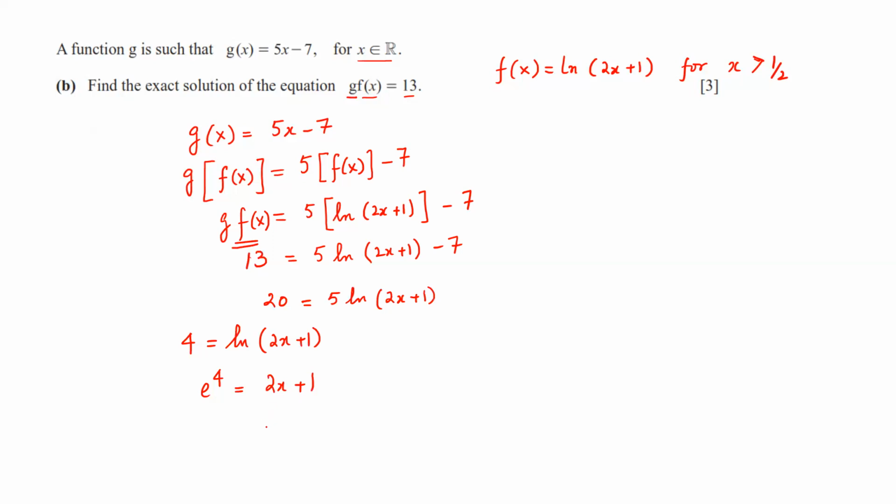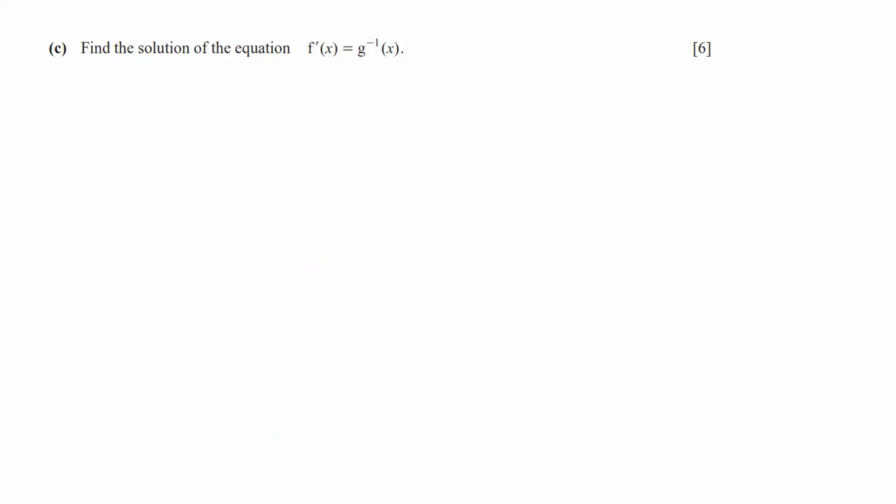So it becomes x is equal to (e power 4 minus 1) divided by 2. So this is the exact solution of the equation g of f of x is equal to 13.